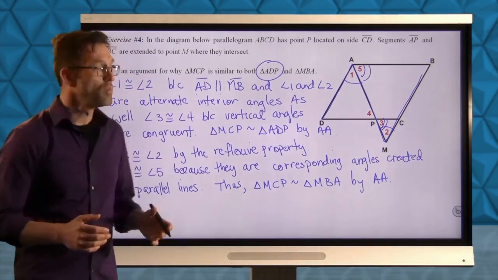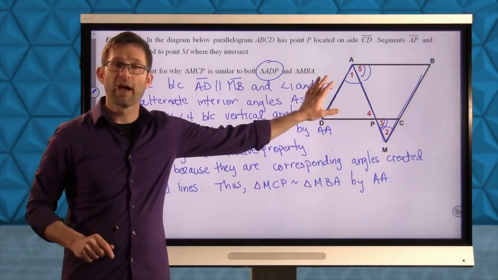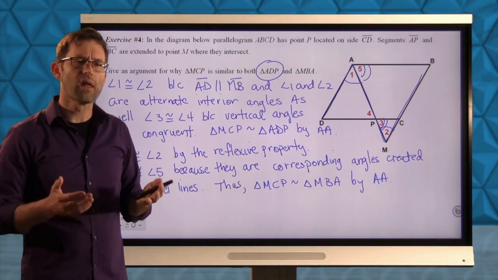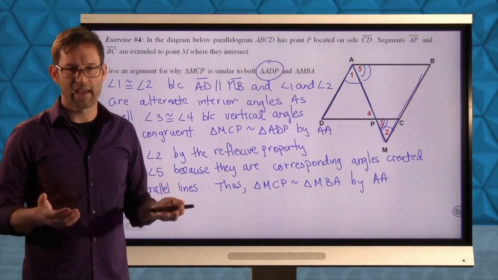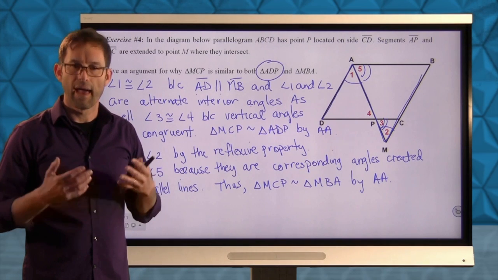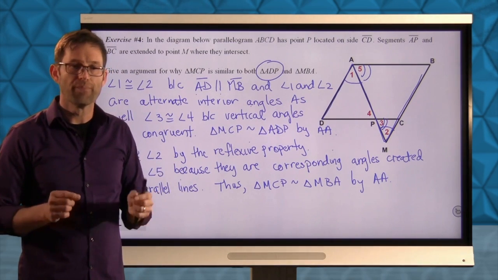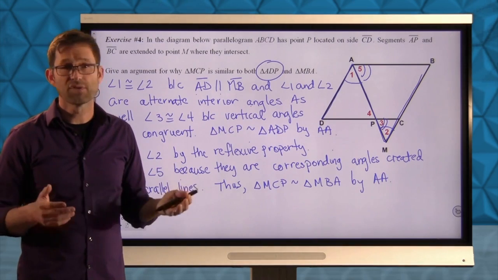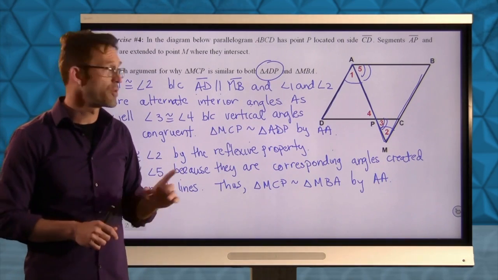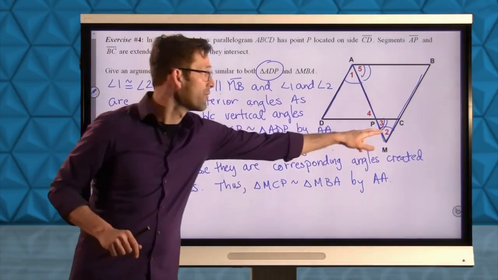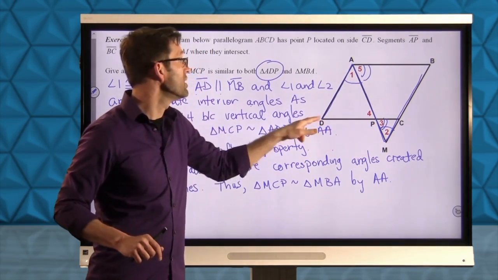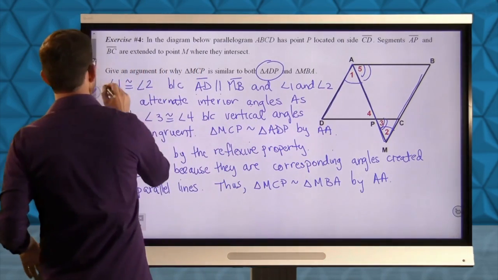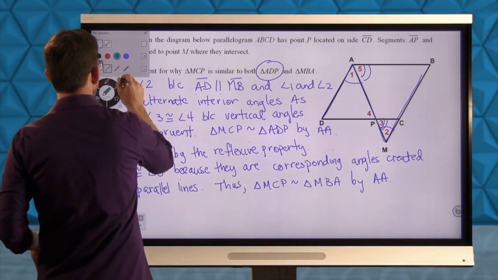So parallelograms, due to the fact that they've got two pairs of parallel sides, give us a lot of information when it comes to angles, and being able to have angles equal. The key here is being able to see that angles are equal. And again, there's other angle pairs I could have used. For instance, in the first set of triangles, MCP and ADP, let me change to green so that you can see it a little better.